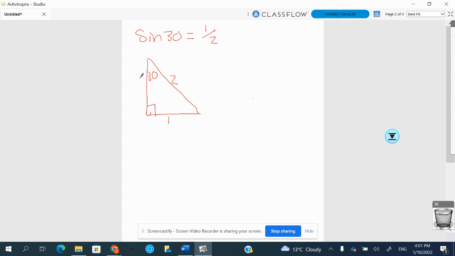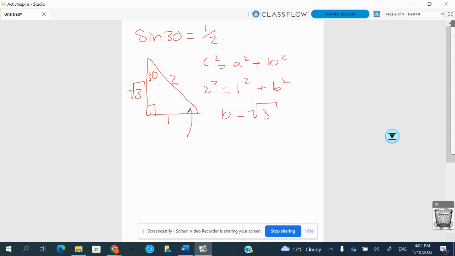We can then use Pythagoras to determine the value of this side. So c squared equals a squared plus b squared. We're going to end up with 2 squared equals 1 squared plus b squared. Rearranging this, we're going to get b equals the square root of 3 for this value here.